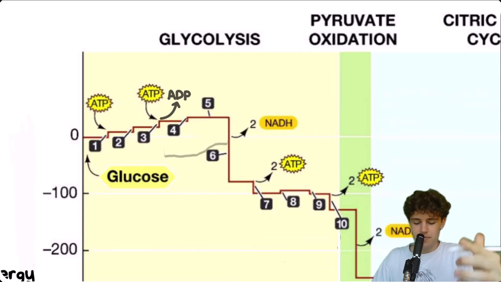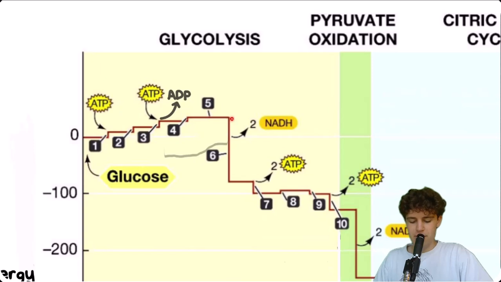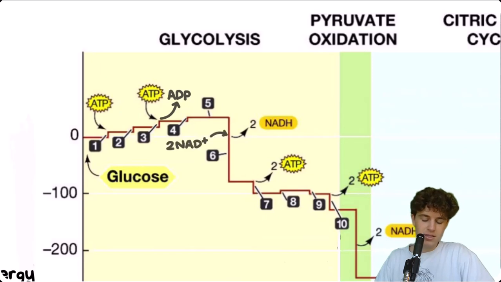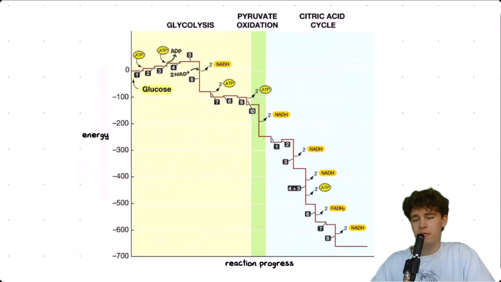During reaction 6, we see that the energy of our glucose metabolite drops. That's because the energy stored in our glucose is transferred to NAD+, and that's in the form of a redox reaction. Our NAD+ is reduced into NADH. And that's the general trend for the rest of these reactions.